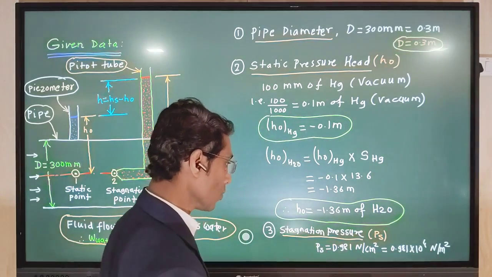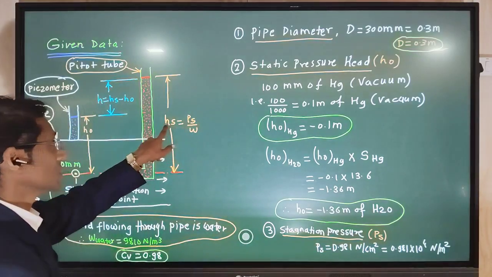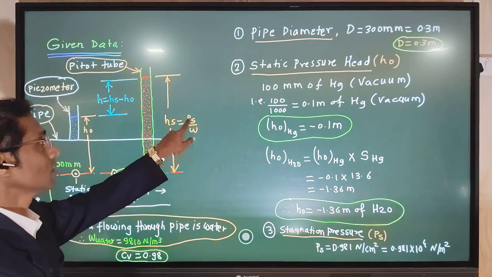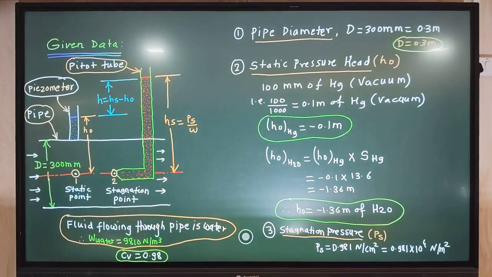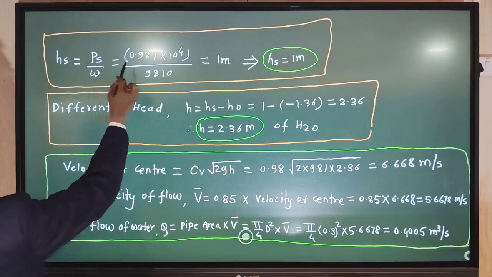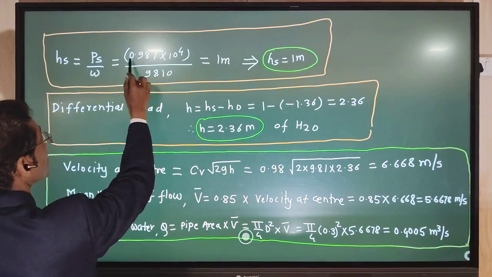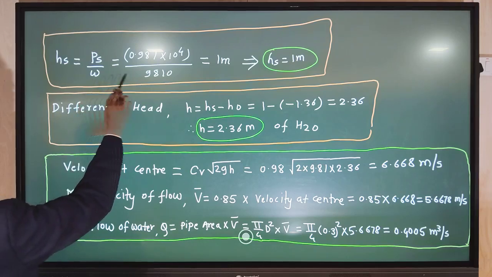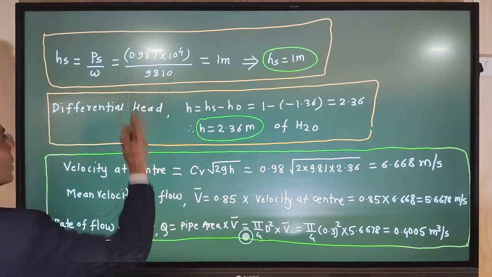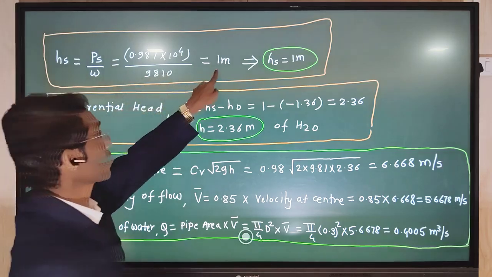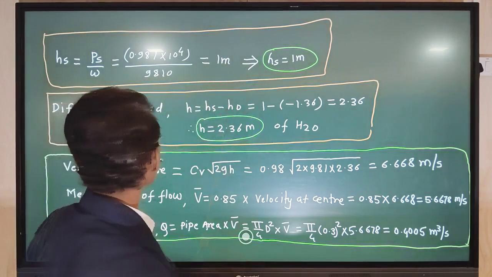This PS value we use to calculate the stagnation pressure head HS using this formula. HS is equal to PS by W, that is 0.981 into 10 raised to 4 divided by the specific weight of water, 9810 Newton per meter cube. Doing the calculation, we get the stagnation pressure head in water column as 1 meter.